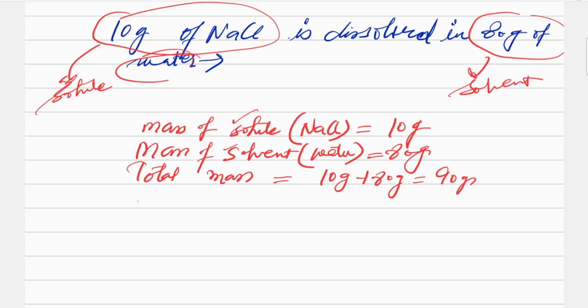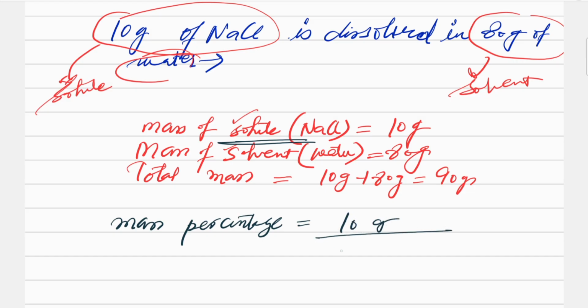If you have been told to calculate the mass percentage of sodium chloride, then it's the mass of solute, 10 gram, divided by total mass, 90 gram, multiplied by 100.